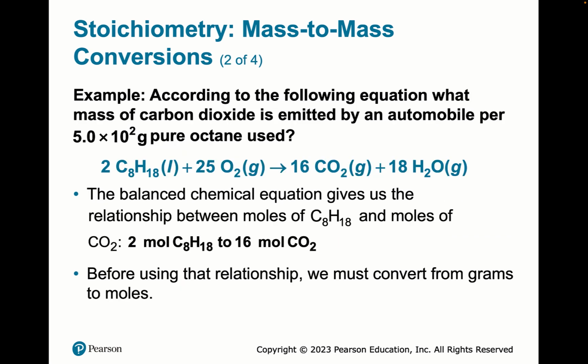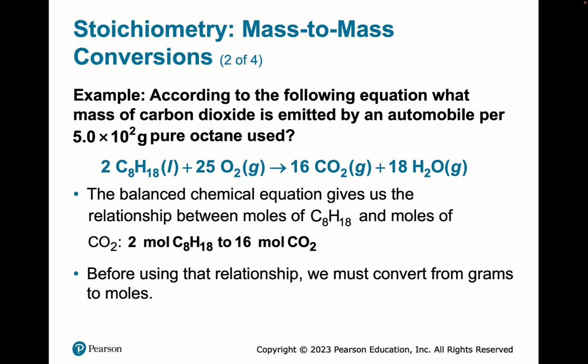So let's do this. Combustion of octane here. The balanced chemical equation gives us the ratio of 2 moles octane to 16 moles carbon dioxide. Using this relationship, how much carbon dioxide will be emitted per 500 grams of octane? So 5 times 10 to the 2 grams, that's 500 grams of octane.